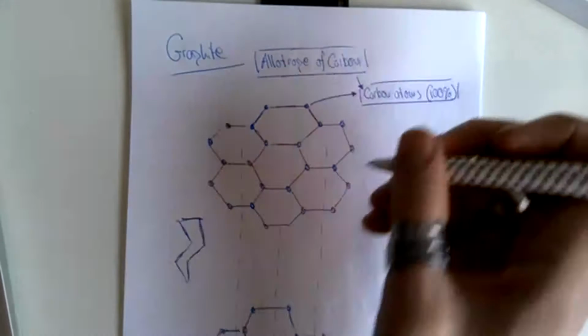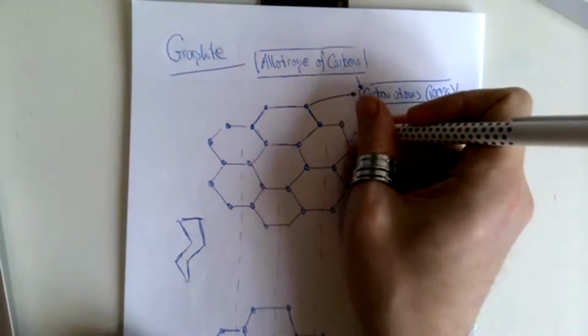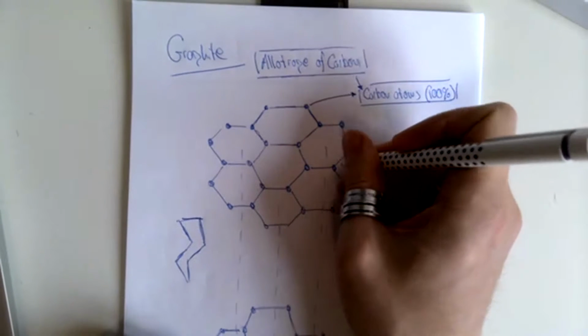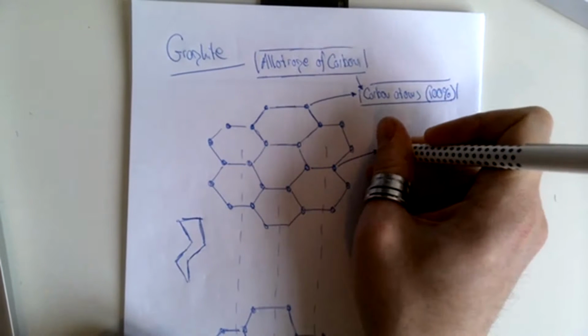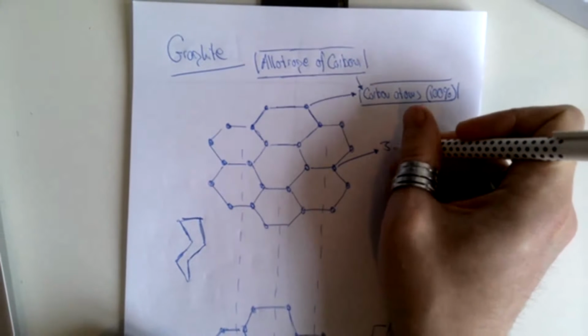But whereas in a structure like diamond, where there are 4 carbon atoms bonded to another carbon atom covalently, in graphite you have around 3 covalent bonds per atom.